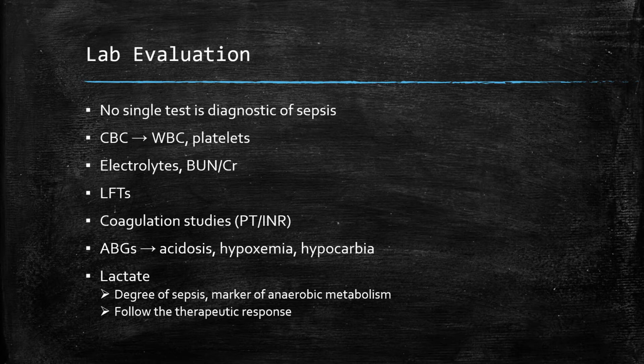Lactate is a very useful study, and it's used to follow the therapeutic response because it's a marker for anaerobic metabolism. As patients improve, the lactate level drops because they're starting to switch back over to aerobic metabolism.